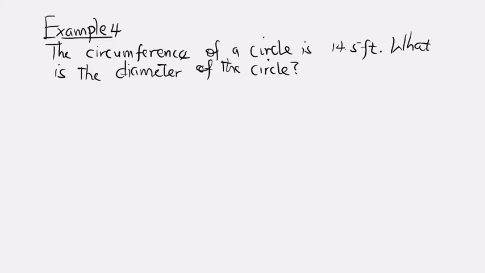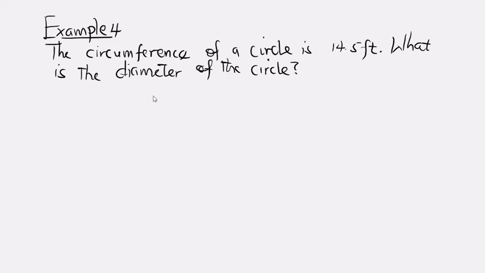Under this example 4, the circumference of a circle has been given as 14.5 feet, and we are to find the diameter of the circle using pi as 3.14.